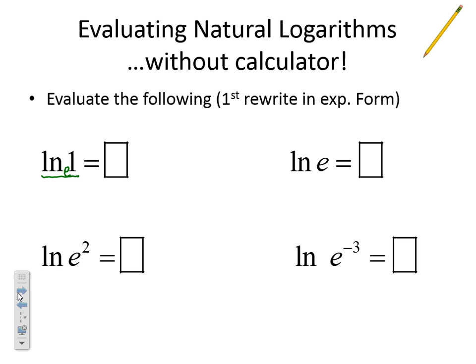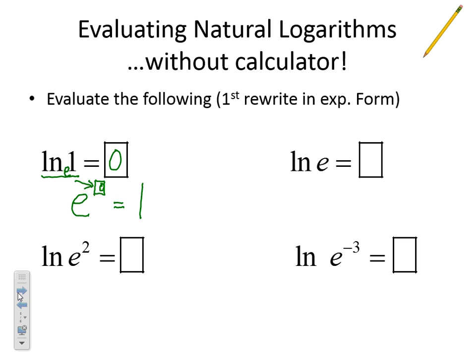There's a little base of e down there. It means e to some power, that's the box, equals 1. What would fill in that box? Once I look at them in exponent form, I might say, what goes in right there that would make that expression turn into a 1? Well, it would be a 0, because anything to the 0 power is 1. So for this first one, 0 would be what's missing right there.